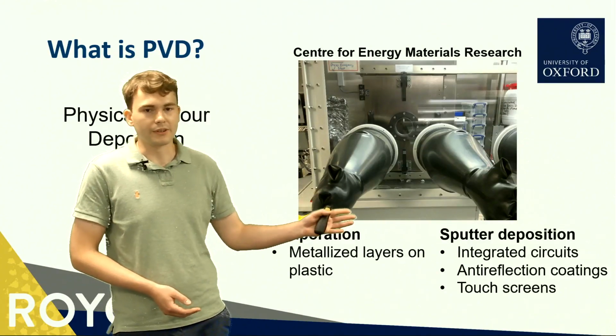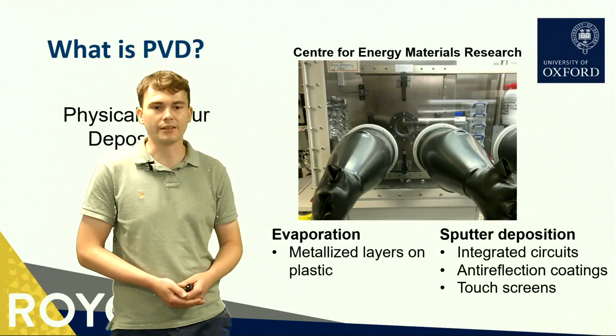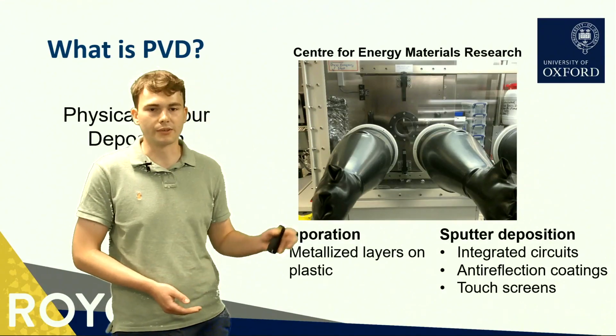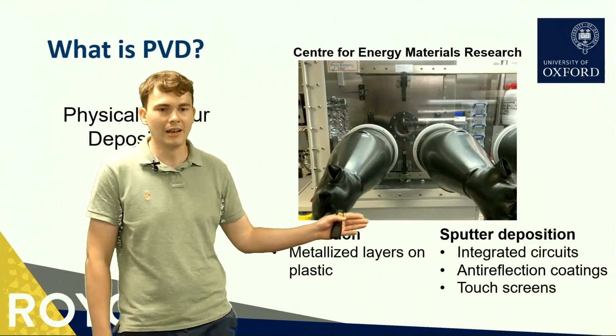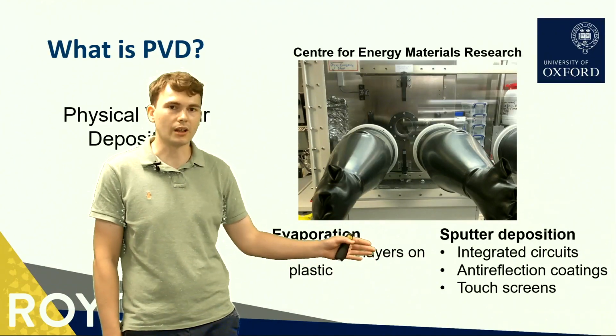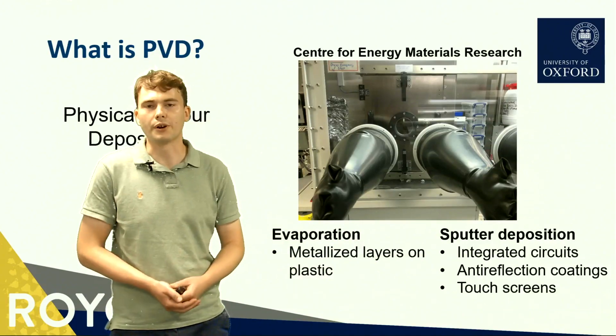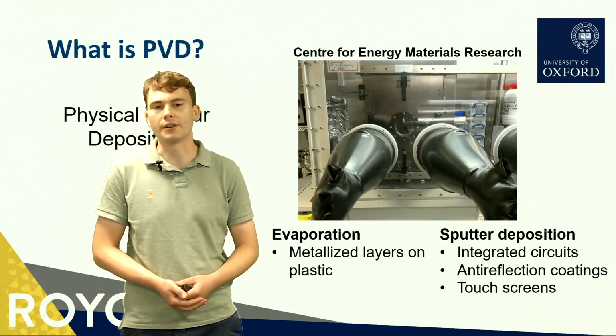And sputter deposition is used in several other industries, particularly the semiconductor industry. It's used to make integrated circuits, and also in the optics industry for anti-reflection coatings on glasses, and for touchscreens for a wide variety of different electronic devices.